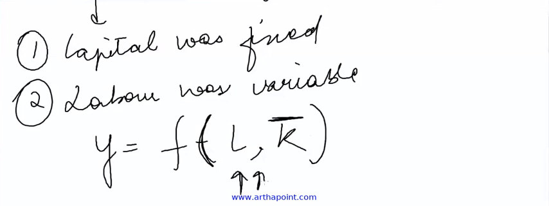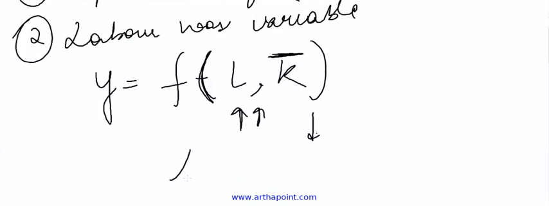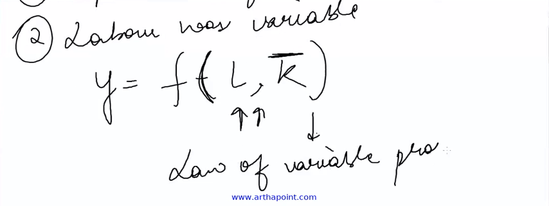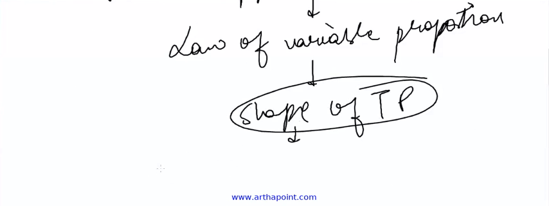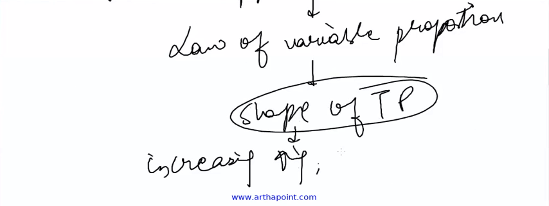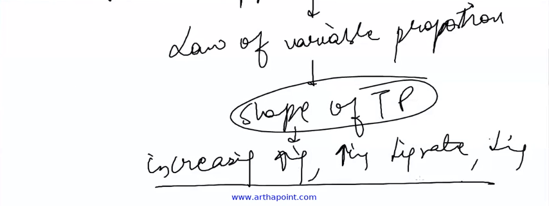And due to this only, I got the law of variable proportion, which was nothing but the shape of total product, which was initially increasing at an increasing rate, then increasing at a decreasing rate, and then decreasing. This was the shape of TP, and we said this is coming due to the law of variable proportion.